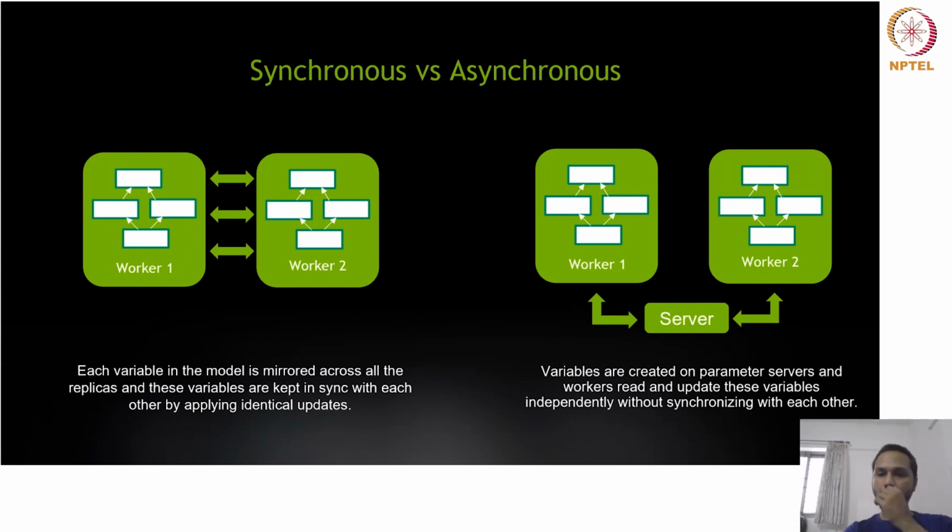While in asynchronous communication, there might be different methods. You don't need to always be at a synchronous step. The variables can be created on a separate server, which can also be referred to as a parameter server. All the workers can read and update these variables independently without synchronizing with each other. And that's what we saw as a method of asynchronous programming.